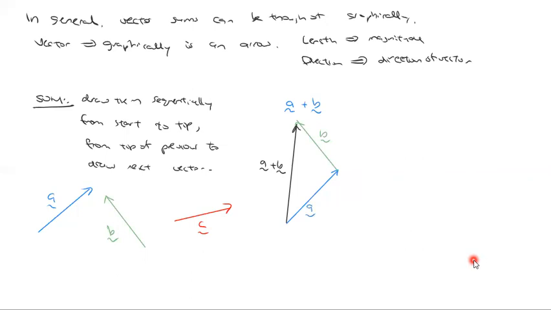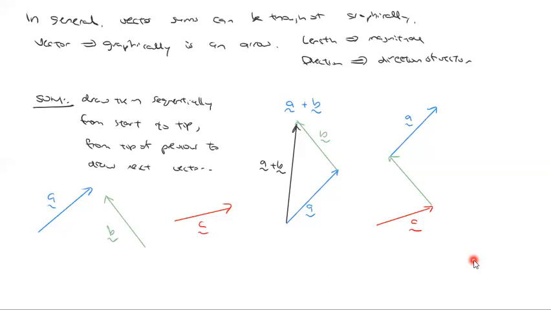Now, of course, I could also have something like C plus B plus A. So if I did three together, you're not limited to just two. C will look something along the lines of that. B will look something along the lines of this. And A will look something along the lines of that. So I've drawn C first.